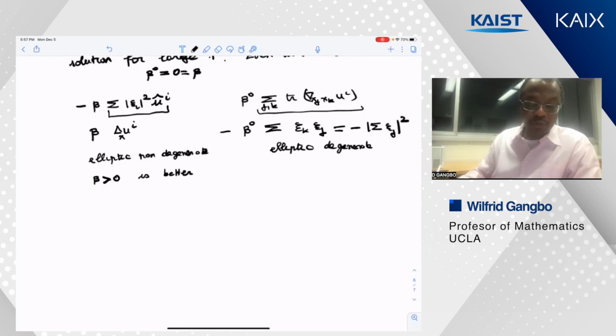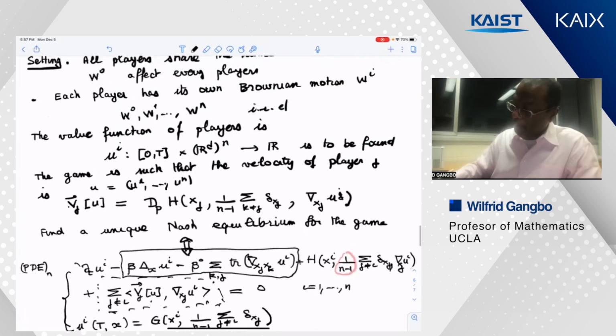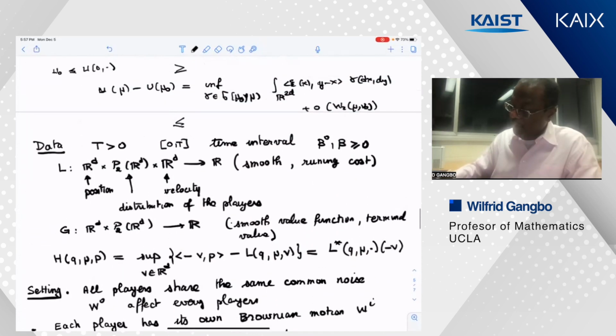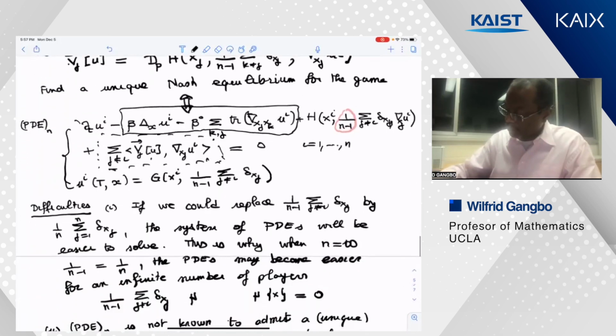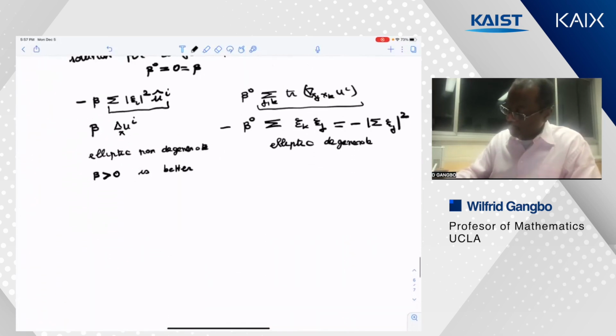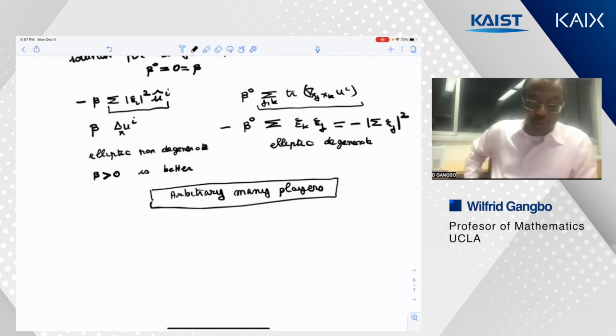So I want to move to the part with infinitely many players. From now on, I want to focus on arbitrarily many players, which will include infinitely many players.